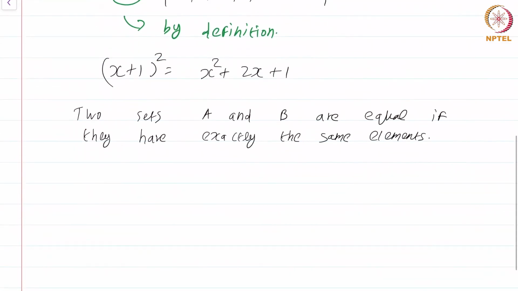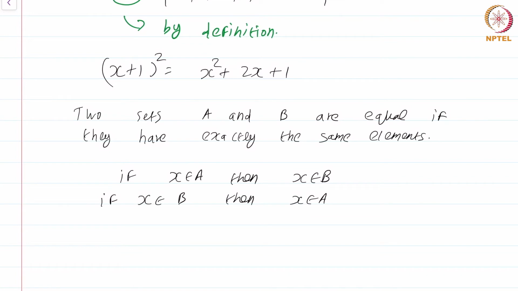Okay, so what this is saying is, if I want to show that two sets A and B are equal, all I have to do is to show that if x is in A, then x is in B. Then I have to show that if x is in B, then x is in A.